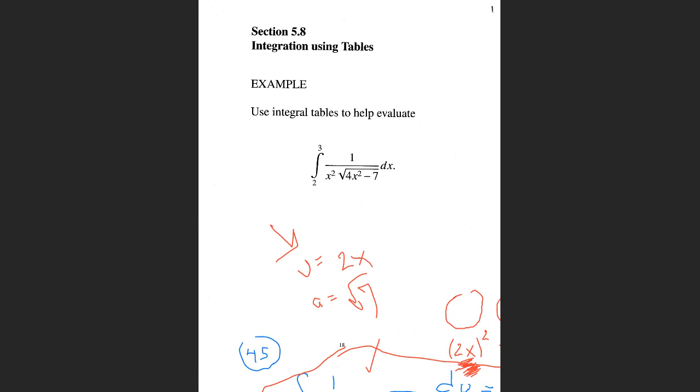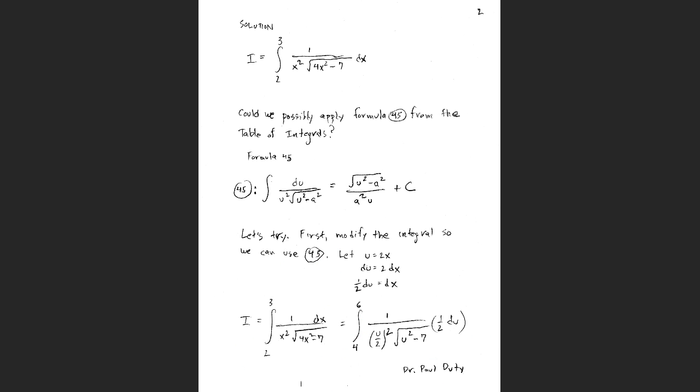Right. So it's usually easier. The substitution approach is more general. And for many of the problems here in section 5.8, substitution is really what's going to do the job for you. So let's go to the solution here. We have an idea what to do.